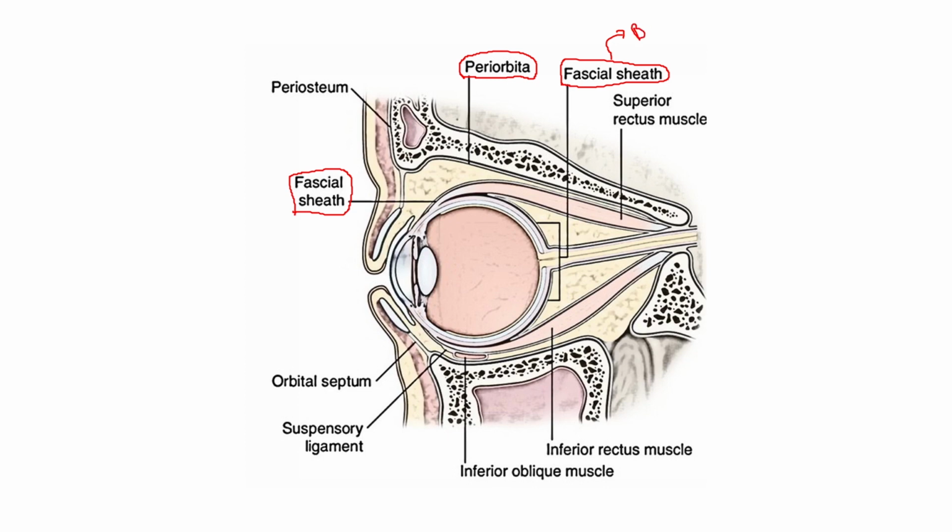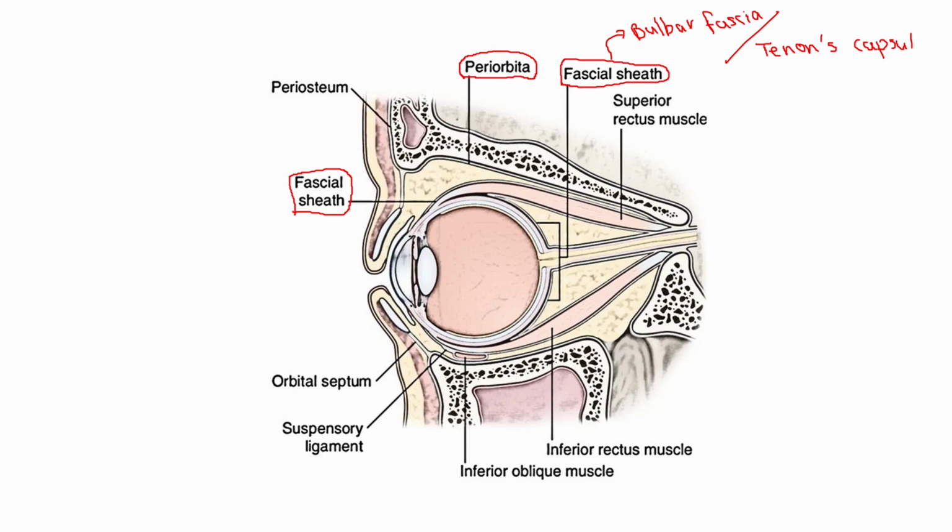It's called the bulbar fascia, which is pretty straightforward, and the other name is the more commonly used one. It's called Tenon's capsule. So this is the fascial sheath part that goes over the sclera of the eyeball.